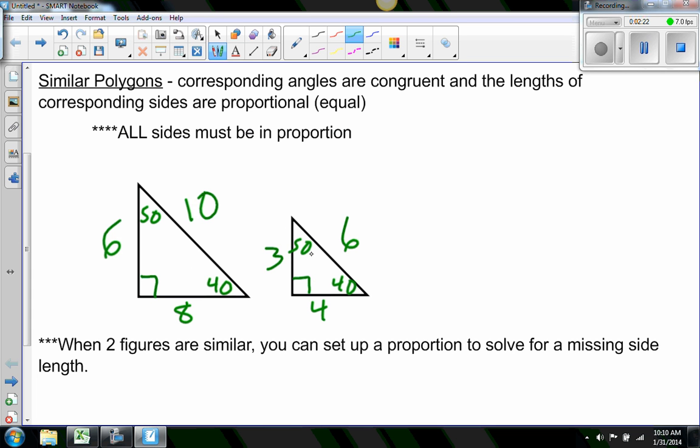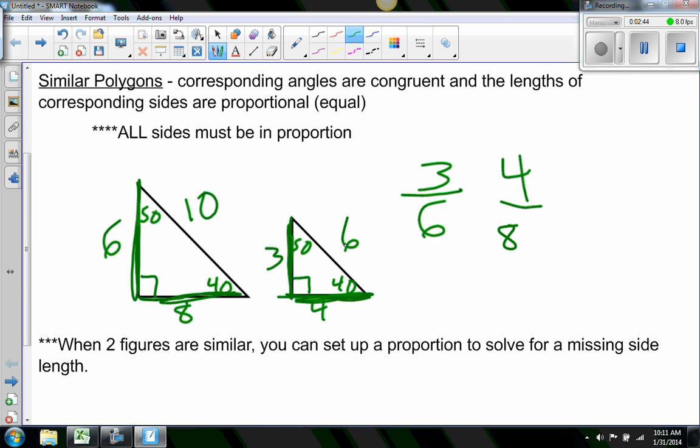I normally start with the smaller figure first when I'm doing this, just because then I won't have top-heavy numbers. Find the sides that match up. This side corresponds to this side, so 3 is to 6. I have to start with the same triangle each time, so I'll do 4 is to 8, and then 6 is to 10.